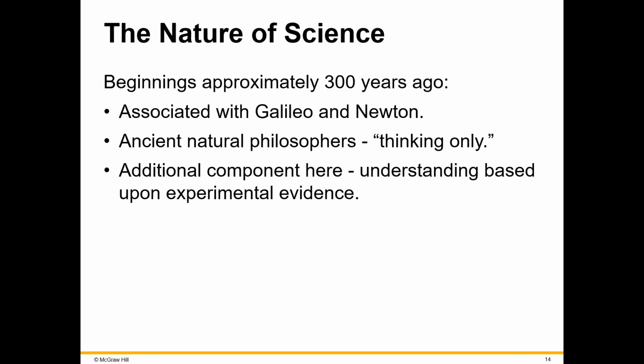In modern science, which really began about 300 years ago, we have these 2 scientists, Galileo and Newton, who really kicked off the idea of modern science with their ideas and their ability to experiment and test these ideas. However, they were not the first people to think about science.